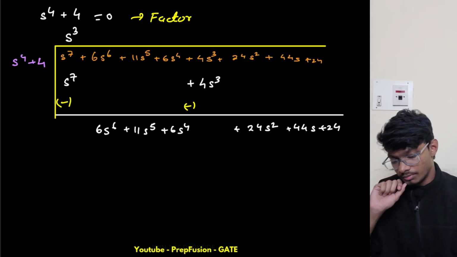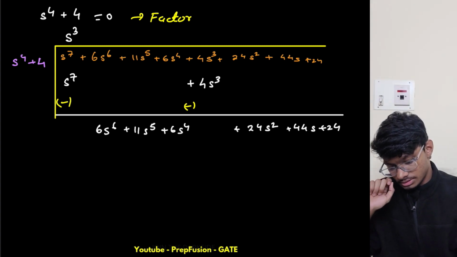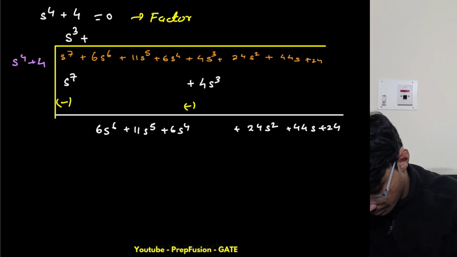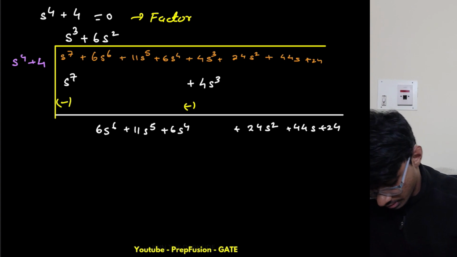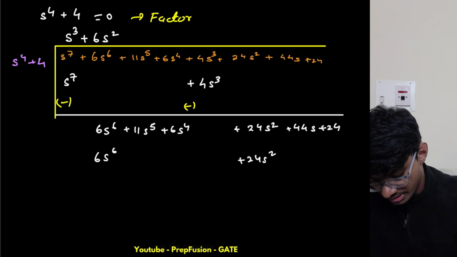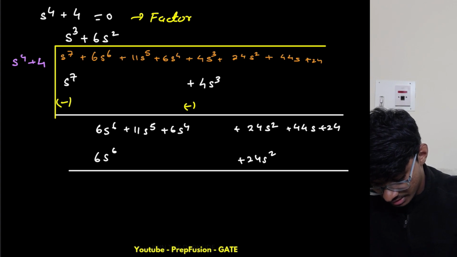Now what do I do? Now I multiply by 6s square, right? Now I multiply, so plus 6s square. So this is 6s to the power 6. Now this is plus 24s square. So everything is getting cancelled, so I'm feeling happy.